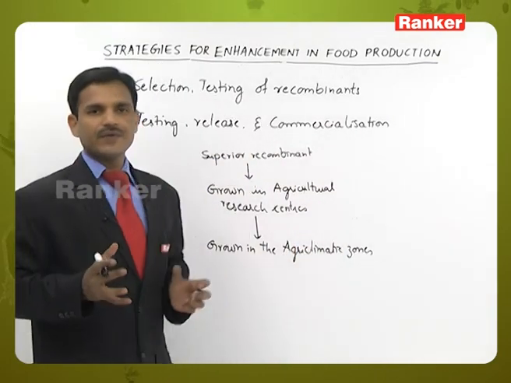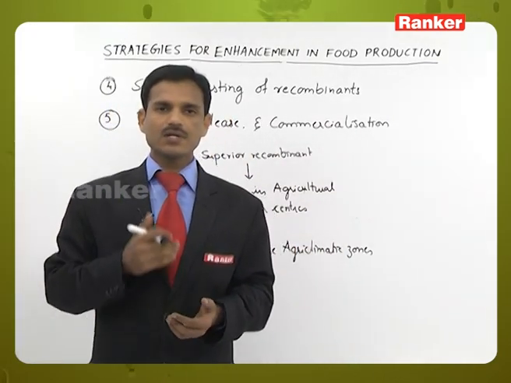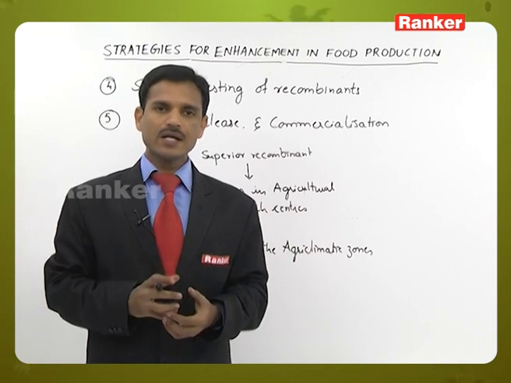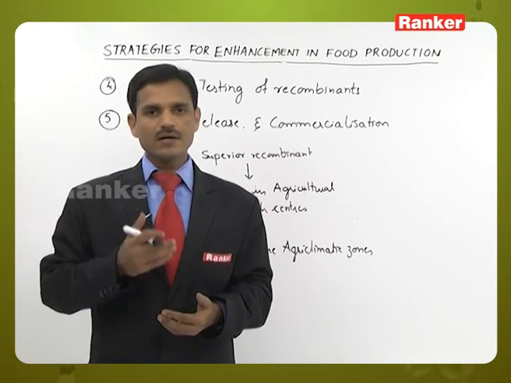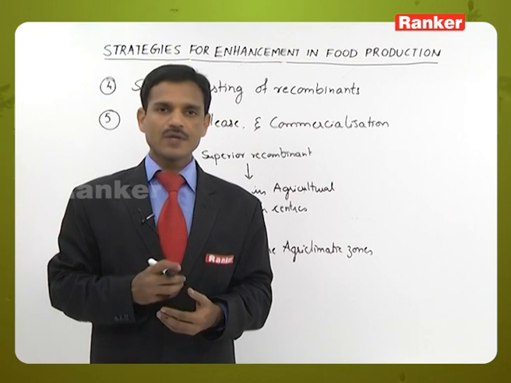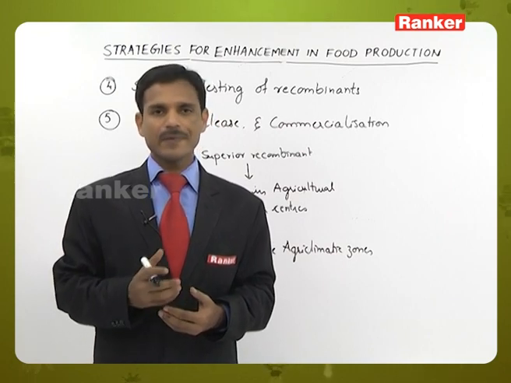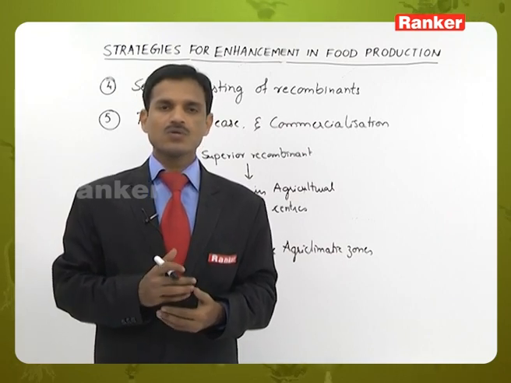In India, different agri-climatic zones are there. In the northern regions the environmental conditions are different; in the southern regions the environmental conditions are also different. The temperature, water availability, all are different.